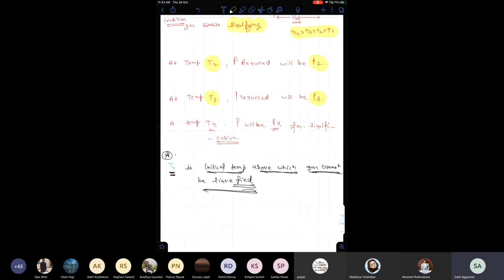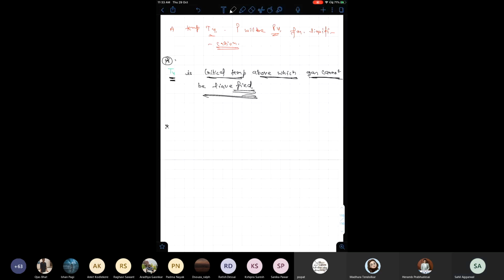ठीक है, मुझे बताओ, at temperature T1 and pressure P2, can gas be liquefied? बताओ.